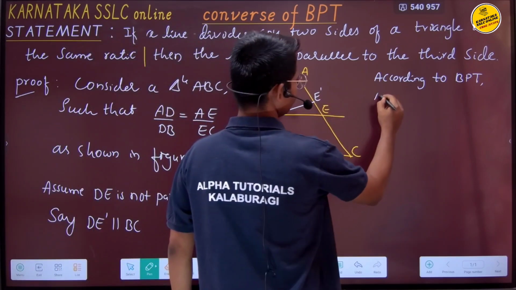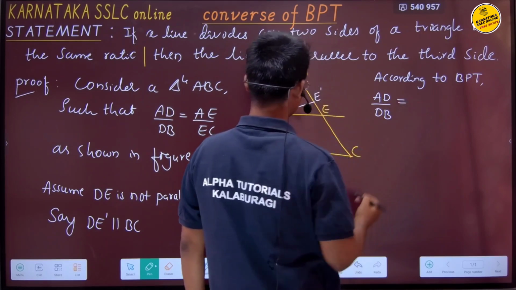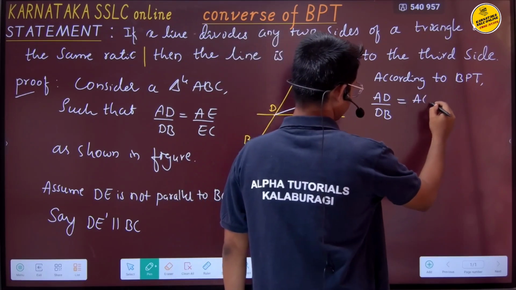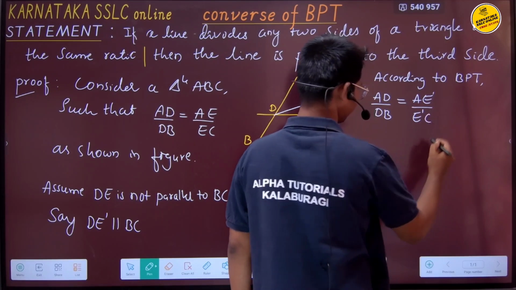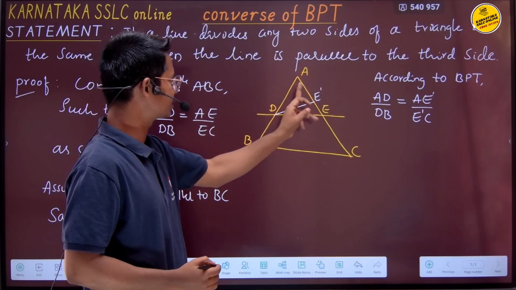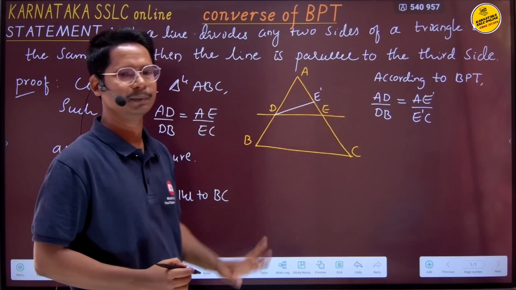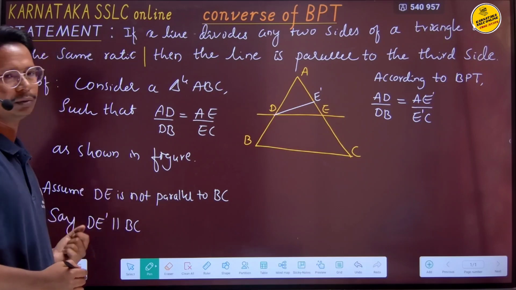It means AD by DB is equal to AE dash by E dash C, as per the BPT, because I already said DE dash is parallel to BC.